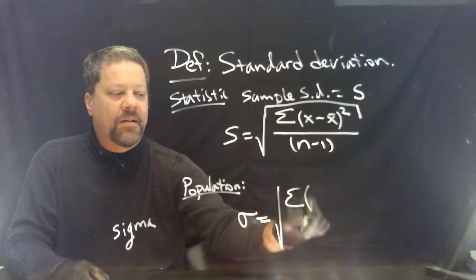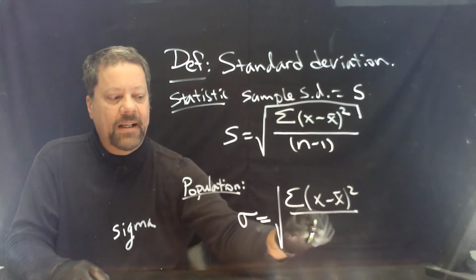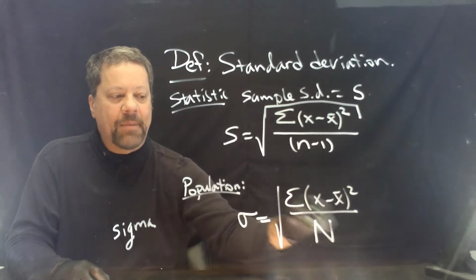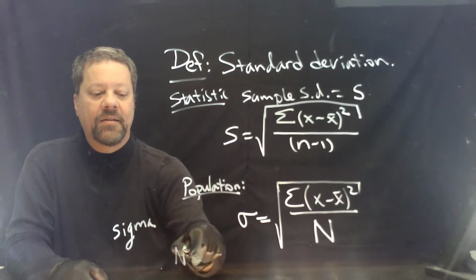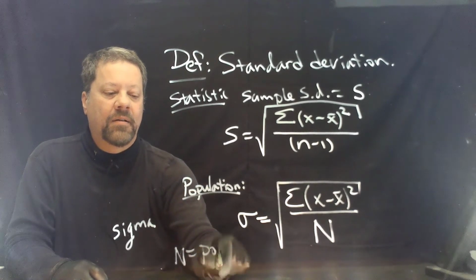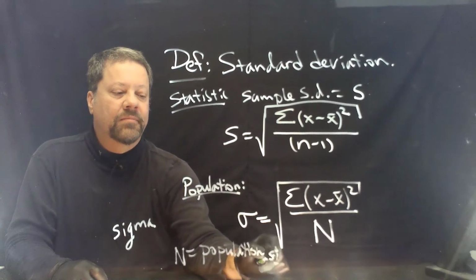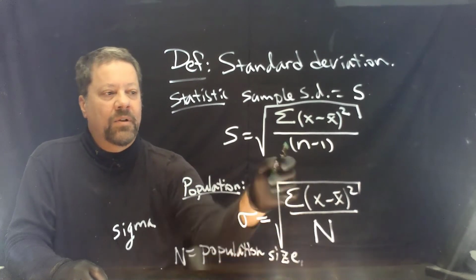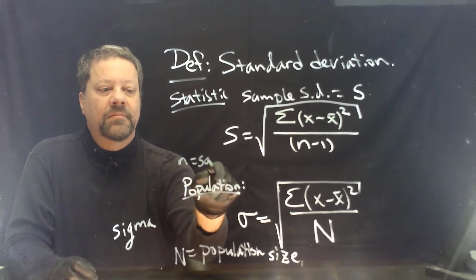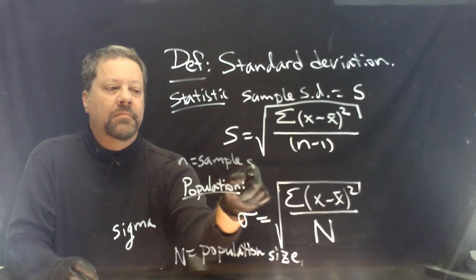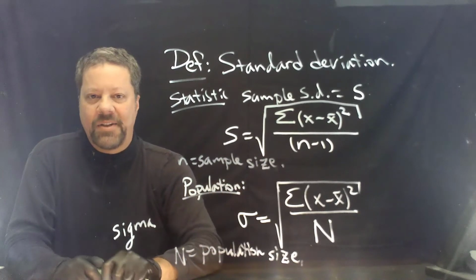We take the sum of data values minus the mean squared, but in this case we divide by capital N, which will always denote the population size. So lowercase n represents the sample size. Capital N will represent the population size.